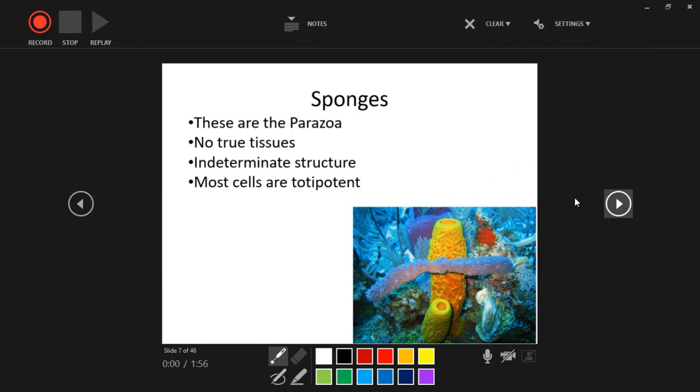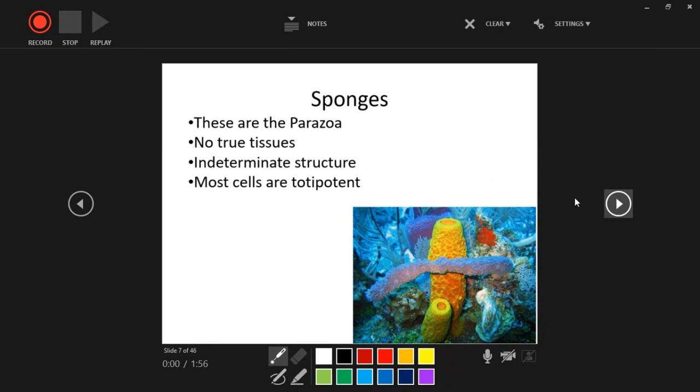So it's not like, let's say, for instance, humans. Our determinate structure is like 4 limbs, 2 arms and 2 legs. So it's a determinate structure, head, body, torso. And most of the cells are totipotent, which means they are the amoebocyte cells, which can become any kind of cell.